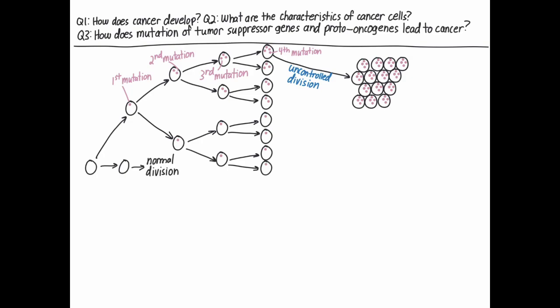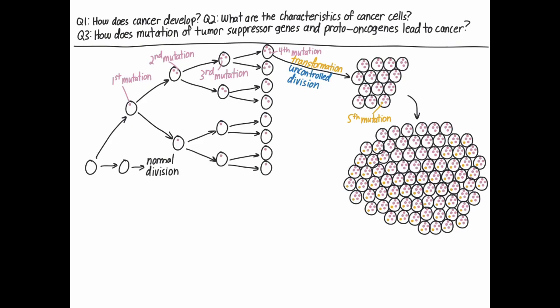Once the cell starts dividing uncontrollably, it is said to have undergone transformation and is now considered a cancer cell. Perhaps a fifth mutation, here, increases the rate of cell division even further, causing this 5-mutation cell to outcompete the 4-mutation cells.